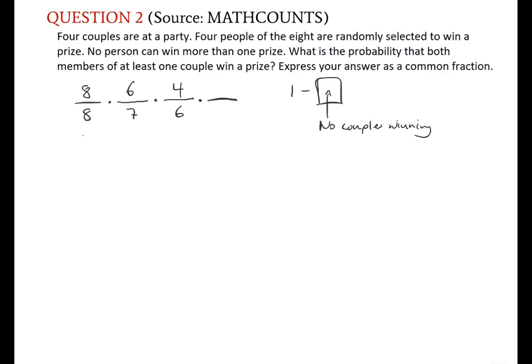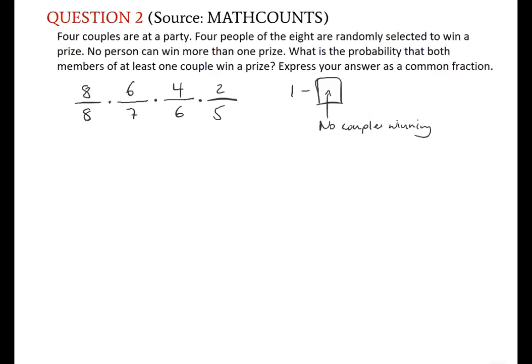And then after you choose that third person, you have 5 people left that are not chosen. And since there's only 1 couple left, then you can only choose 2 people. So basically, each one of these probabilities, you're just choosing one person from one couple.